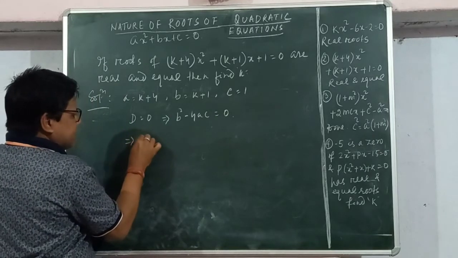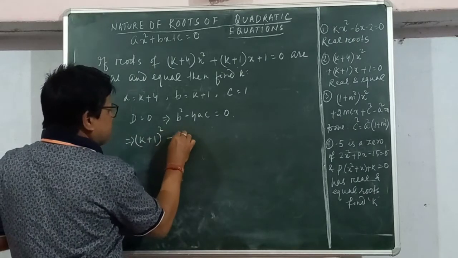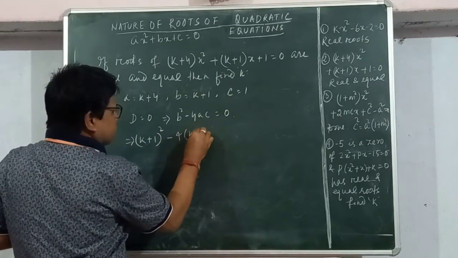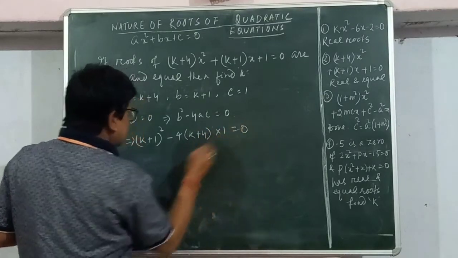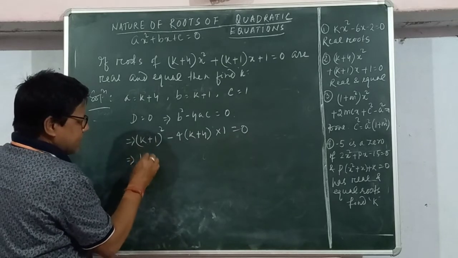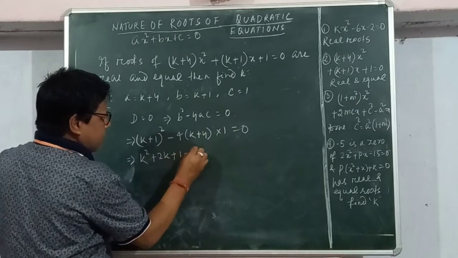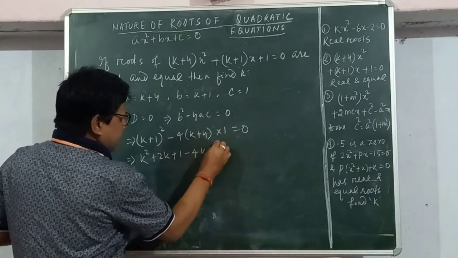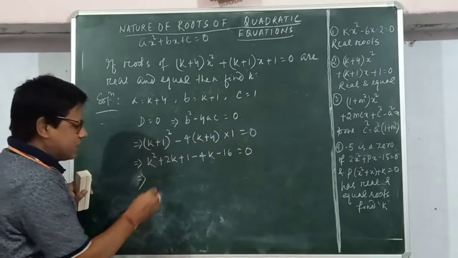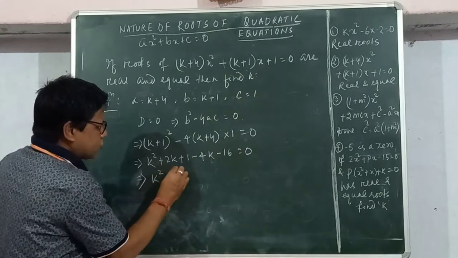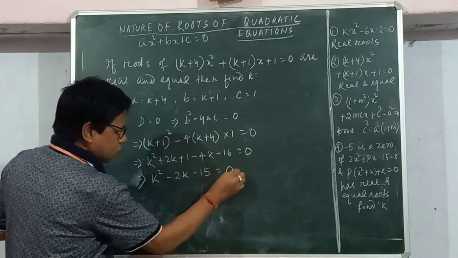This implies (k plus 1) whole square minus 4 into (k plus 4) into 1 is equal to 0. This implies k square plus 2k plus 1 minus 4k minus 16 is equal to 0. This implies k square minus 2k minus 15 is equal to 0.